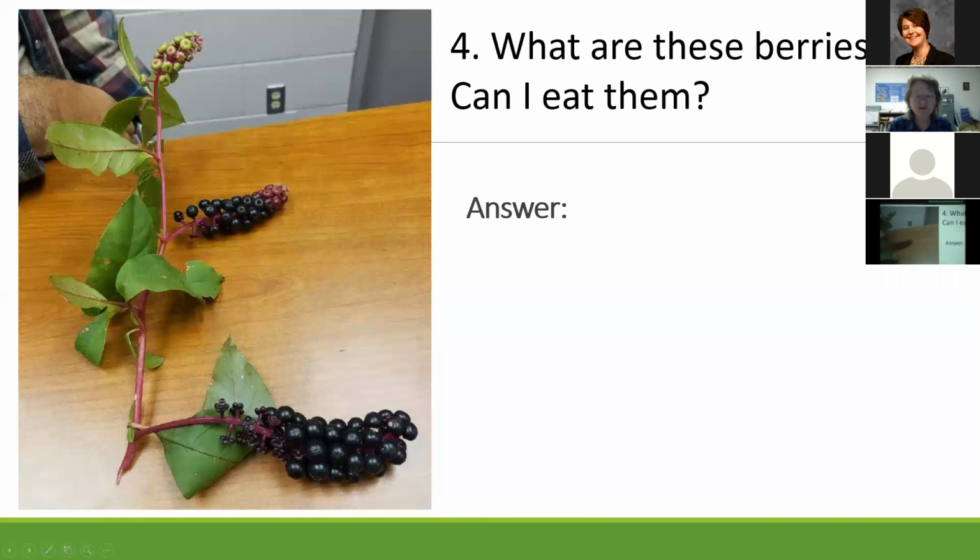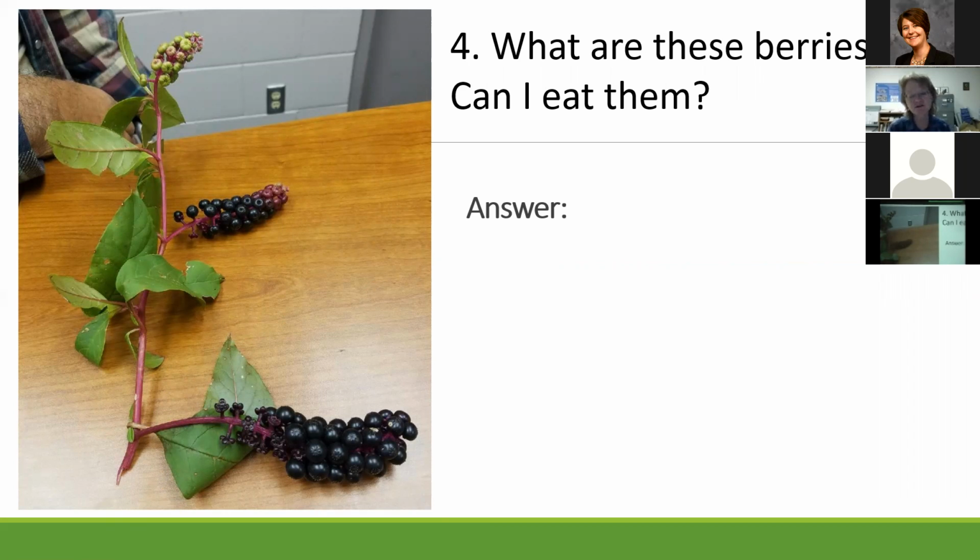What are these berries, and can I eat them? This was a picture that was sent to me, actually from another county. They look delicious, but they are common pokeweed, and they are actually toxic.